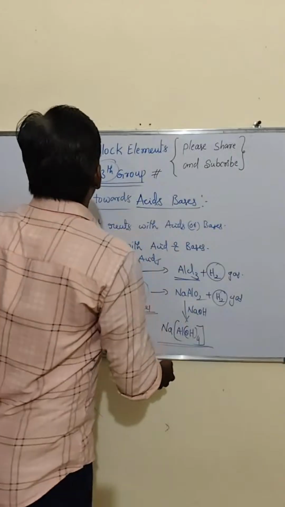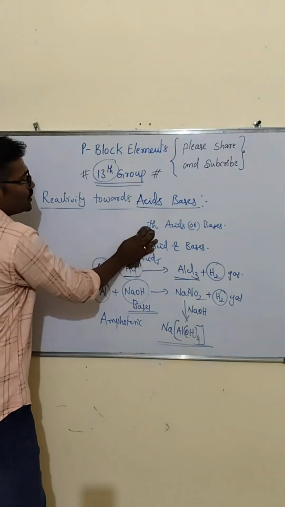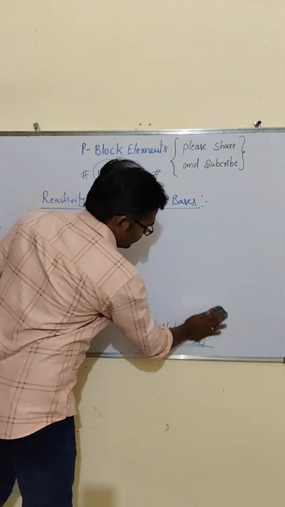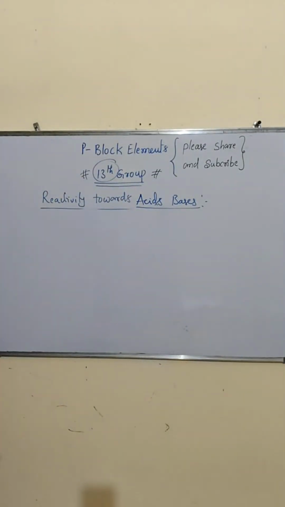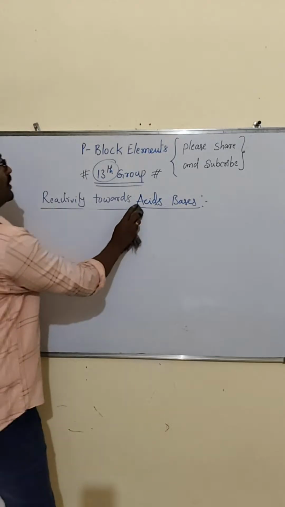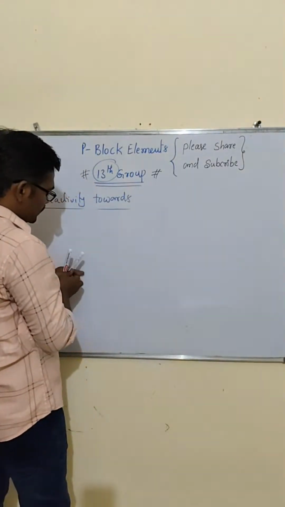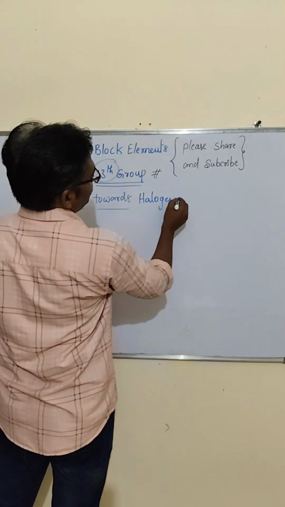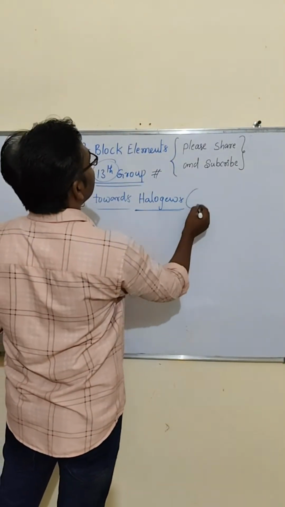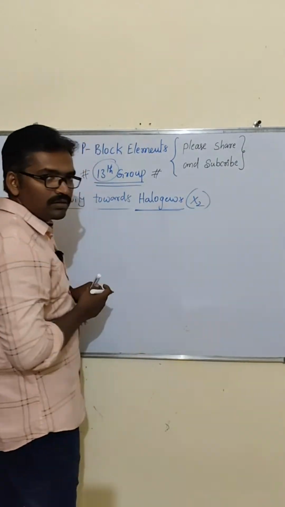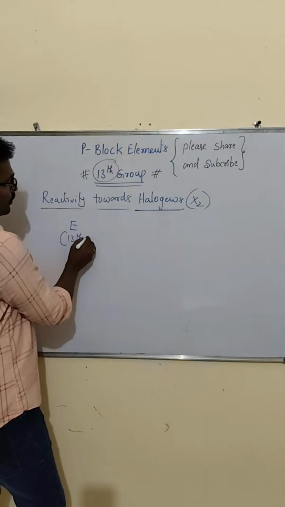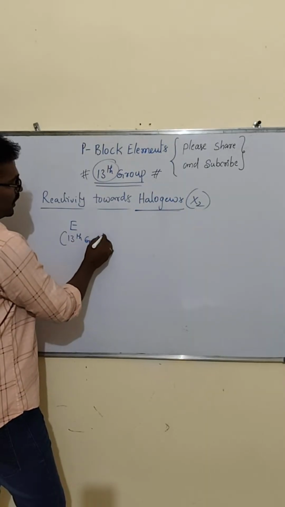Next one, reactivity towards the halogens. What are the halogens? Element E is nothing but the 13th group elements.